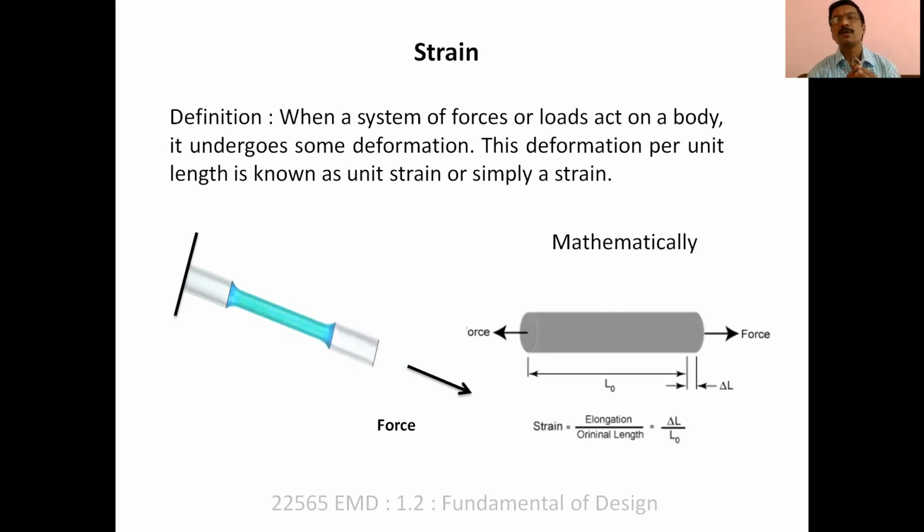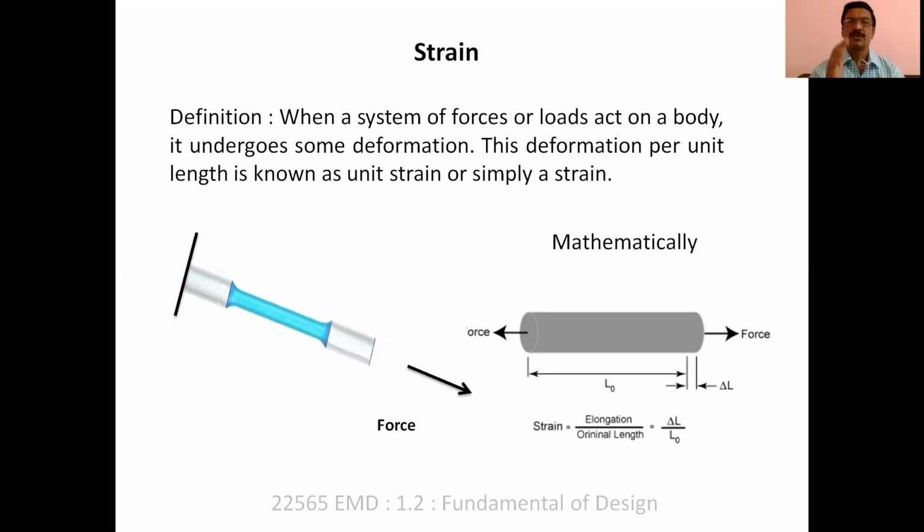Mathematically, strain is elongation divided by original dimension. In this particular case, there is elongation in length, so delta L is the elongation divided by the original length L. Delta L, the change in length, is in the same unit as the original length.